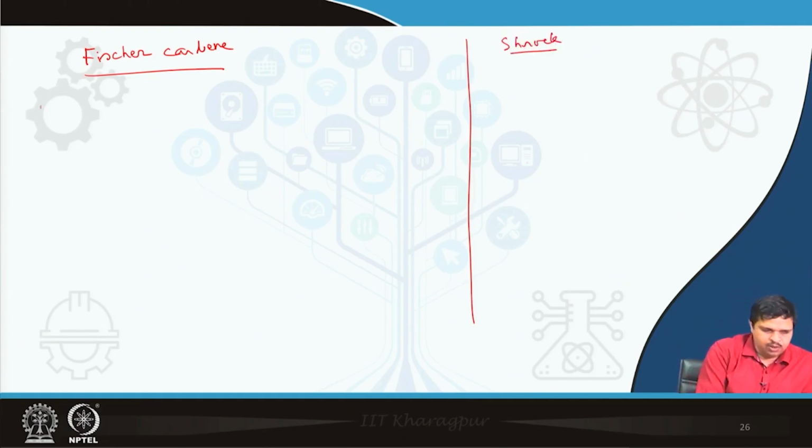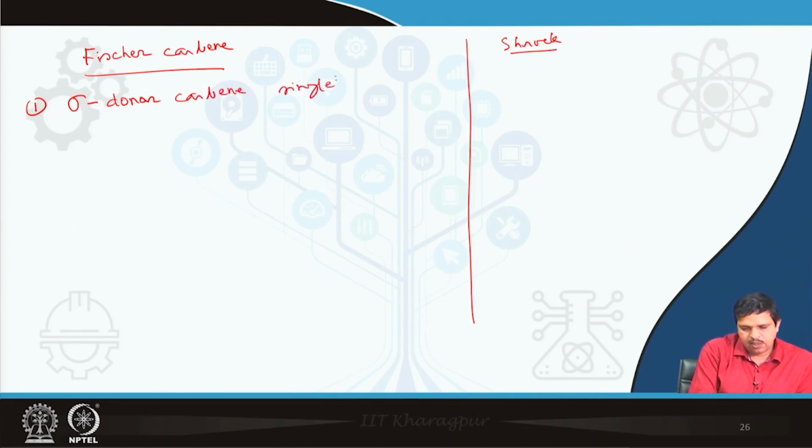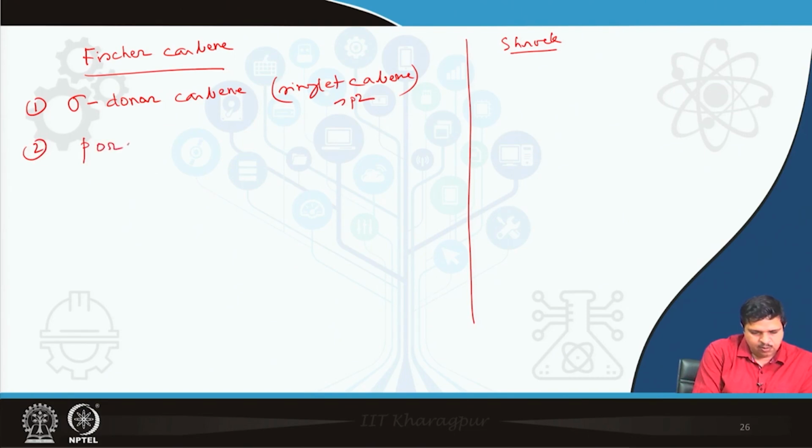Okay, so here you will see that the carbenes are sigma donors, because this is a singlet carbene, because these lone pairs are on the sp2 orbitals. Okay, and the p orbital is a weak acceptor. This is very important to understand.